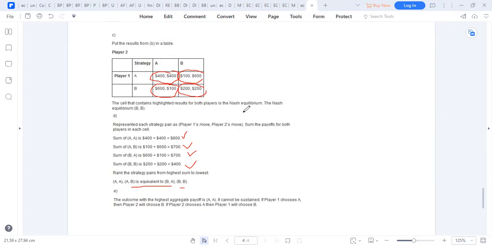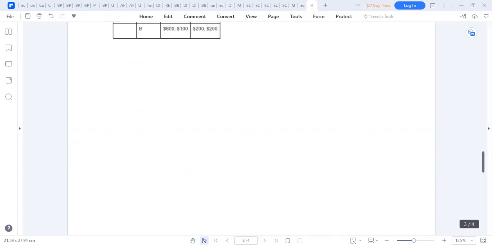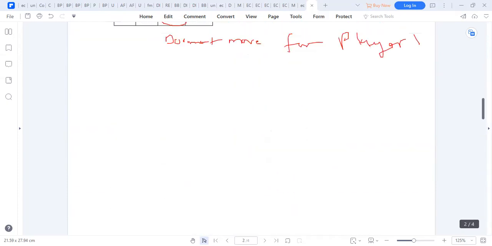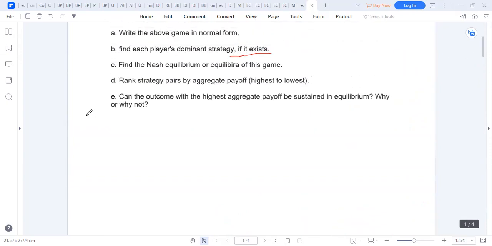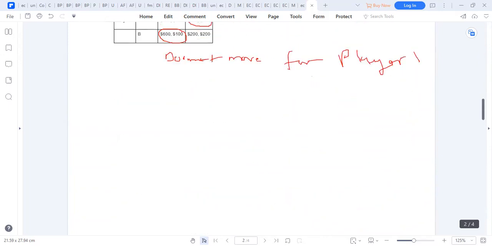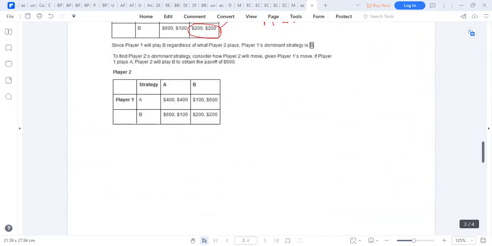So the last part of the question was asking us to calculate, can the outcome with the highest aggregate payoff be sustained in the equilibrium? If not, why? So can AA be sustained in the equilibrium?